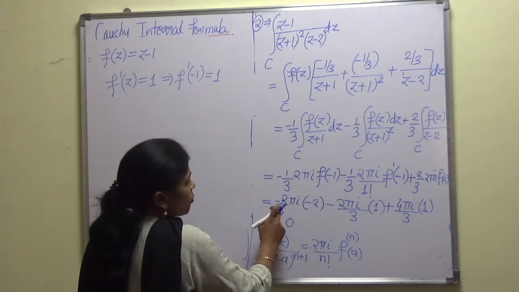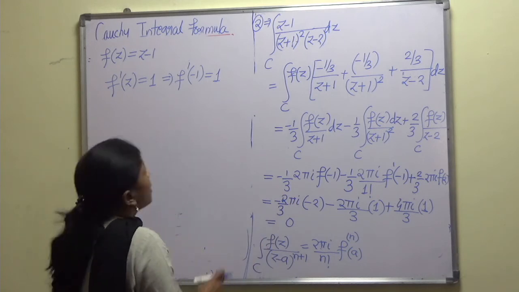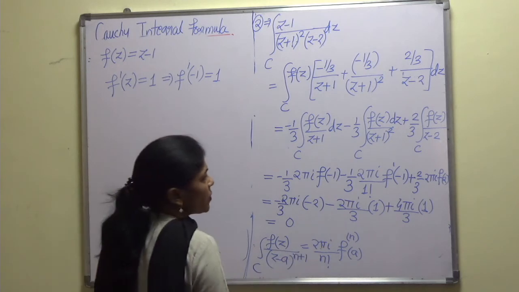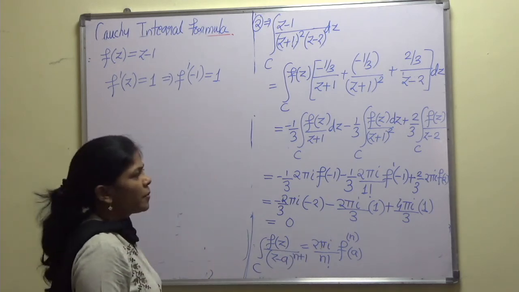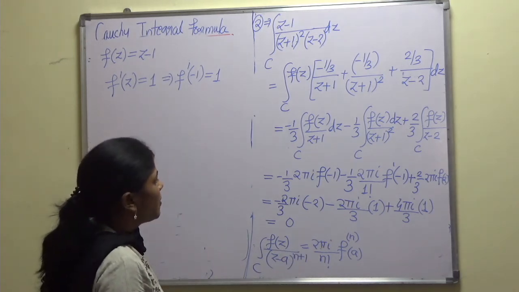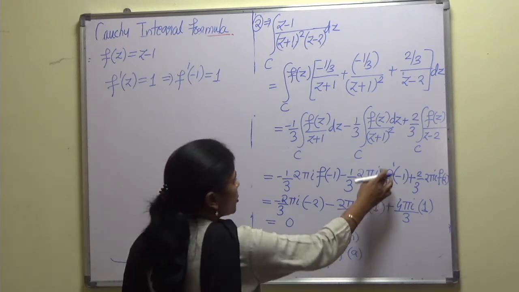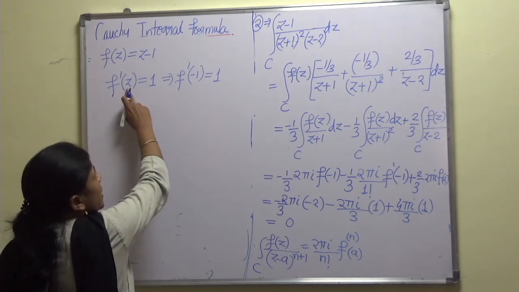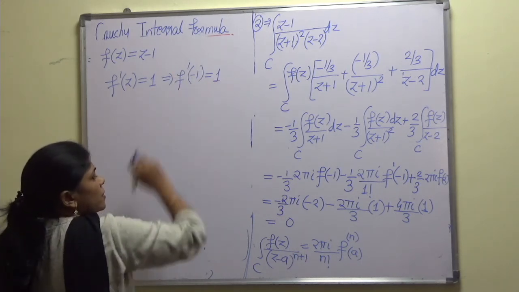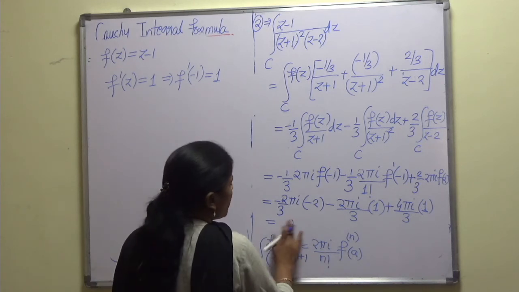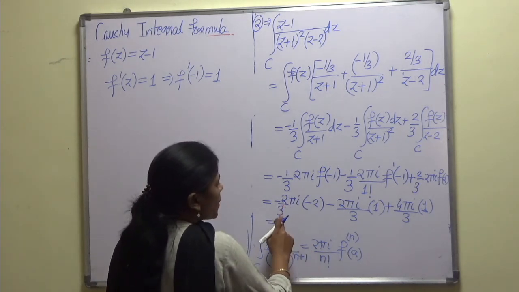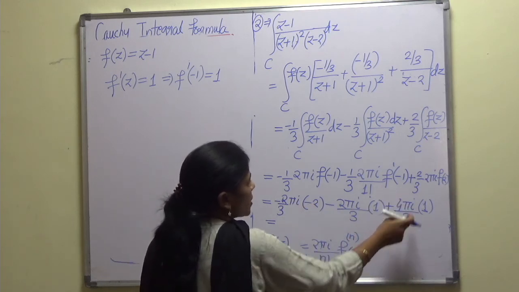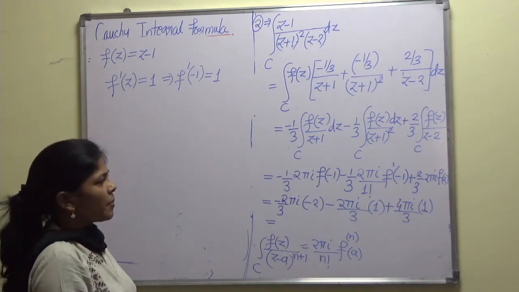So what we have is 4 pi I by 3, and f of 2 is 2 minus 1, that is 1. So we have 4 pi I by 3 into 1. Simplify. Now f dash of minus 1 is nothing but 1, since z is minus 1, it remains 1. So what will be its answer? It will be 4 pi I plus 4 pi I by 3, so that is 8 pi I by 3 minus.